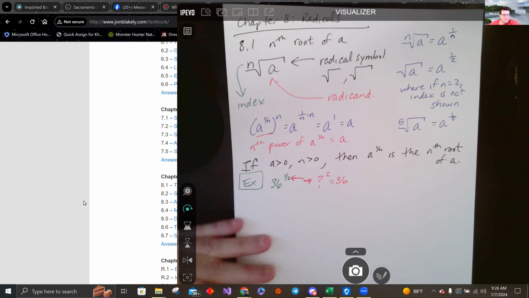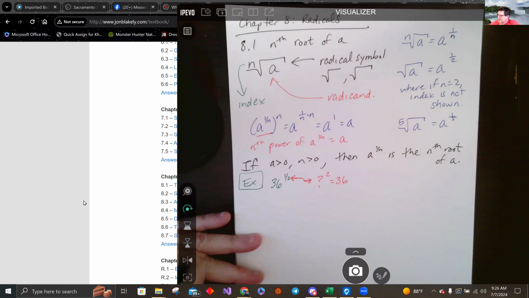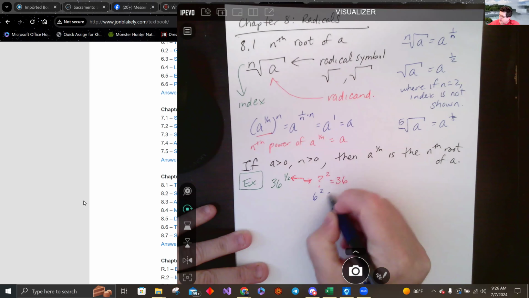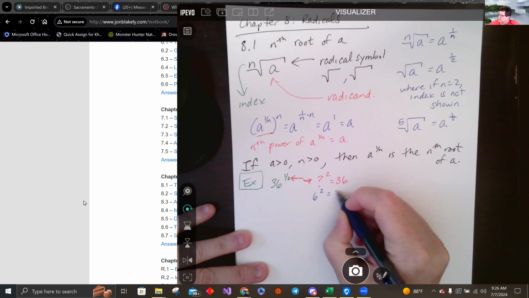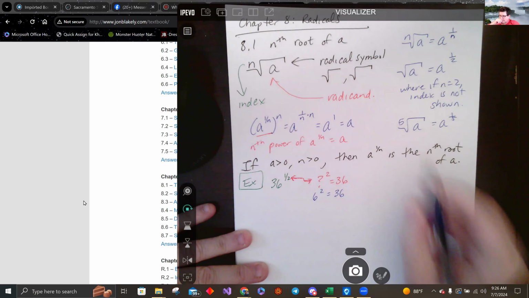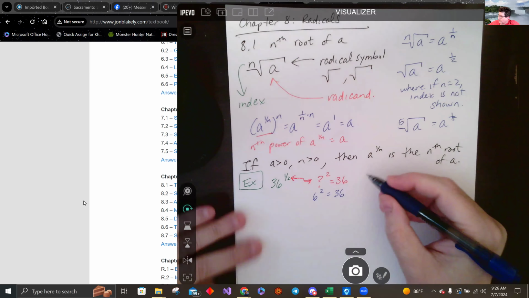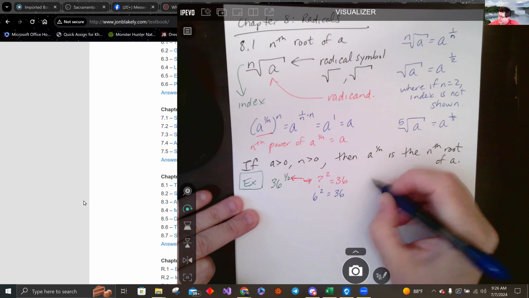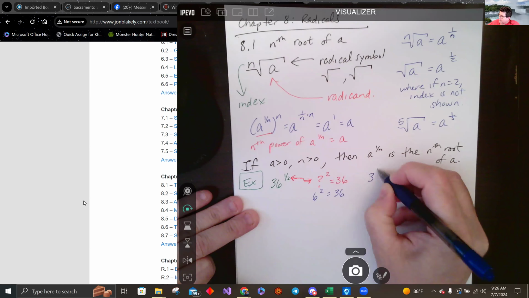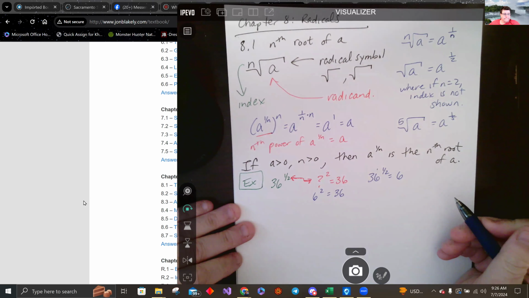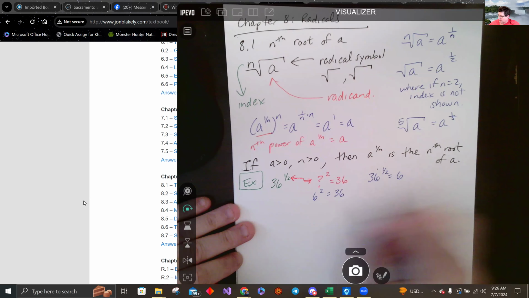We'll do a different index in a second, just to make it clear. This would be 6 squared equals 36. And so that's our answer, it's 6. 36 to the 1/2 is 6. That's our question mark.